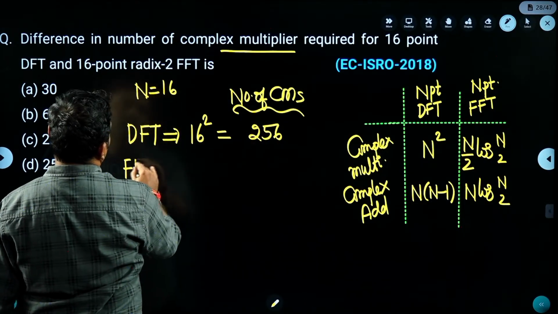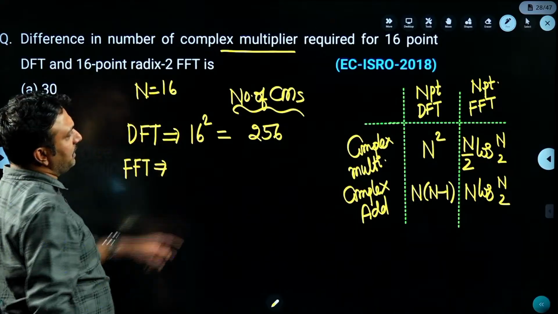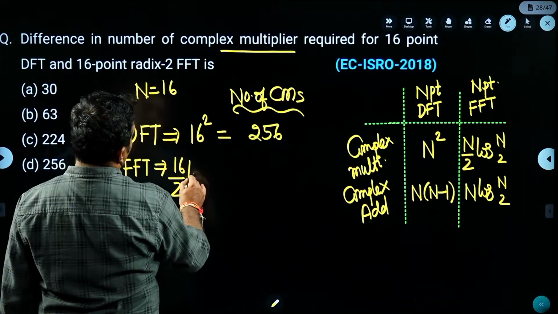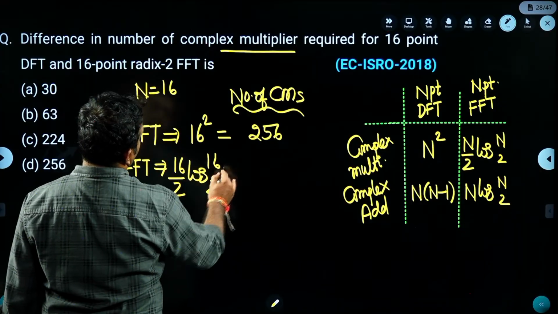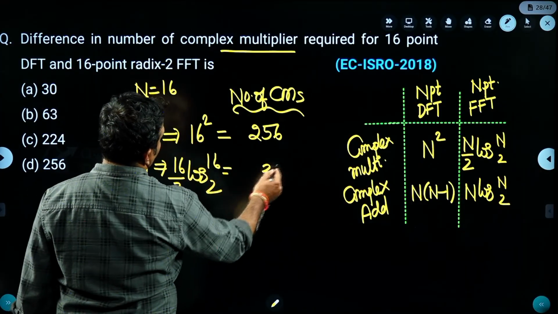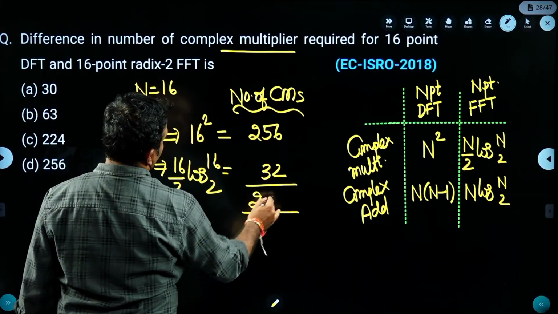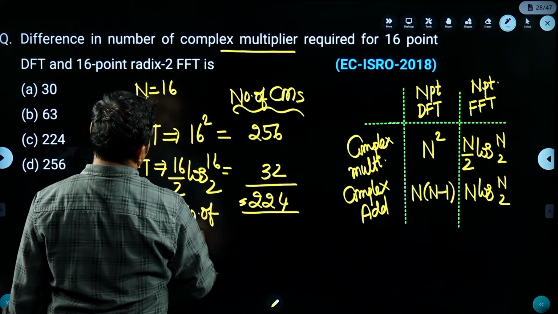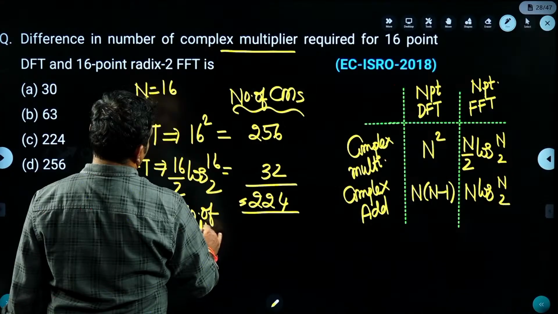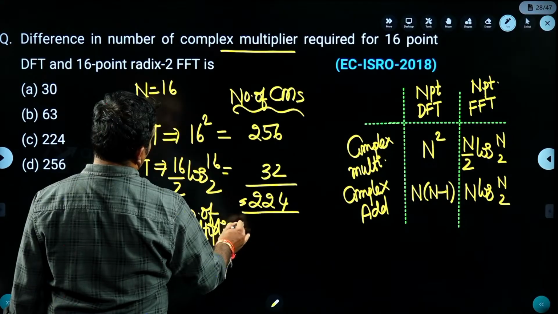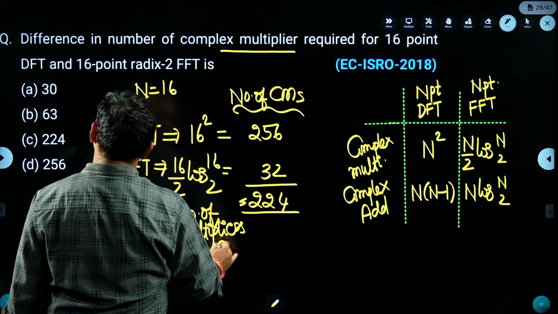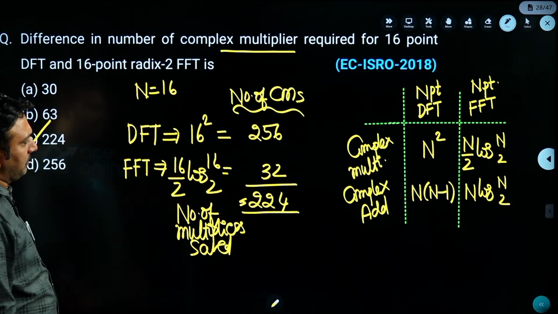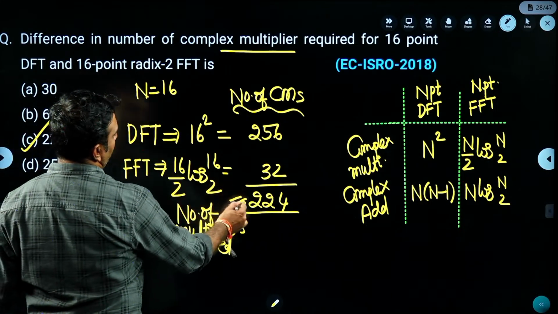But if you go with FFT, we are saying N by 2 log N base 2, means 16 by 2 log 16, that becomes 32. So when you subtract, the number of multipliers saved with respect to the FFT algorithm is this much. Anyway, he has asked the difference, that is 224.